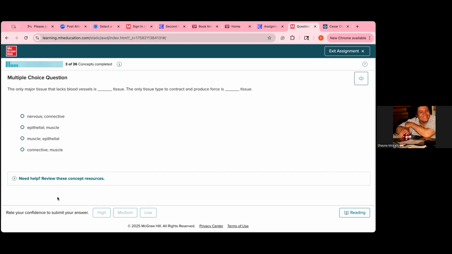So there's only one option that works. It's epithelial and muscle, right? Because muscle tissues contract and produce force. They help us lift things, push things. Those are forces. Good job.